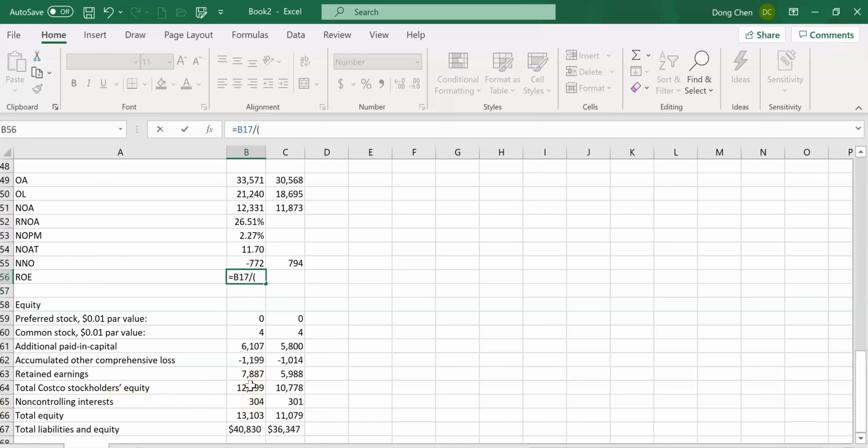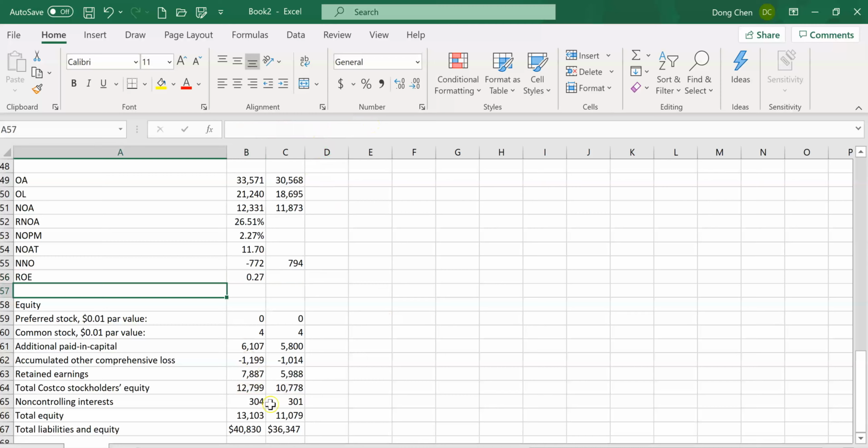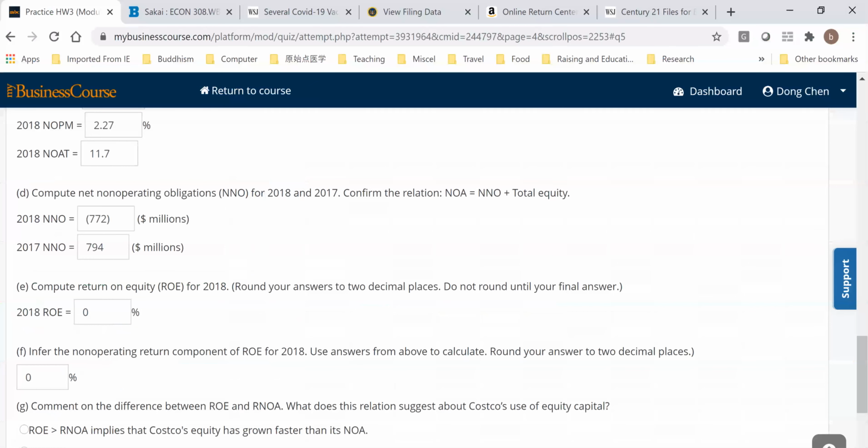Then we need to calculate the average level of the two years, dividing by 2. Again, in order to avoid the order of operations problem, I need to add the parentheses. So for ROE, check the rounding requirement again.